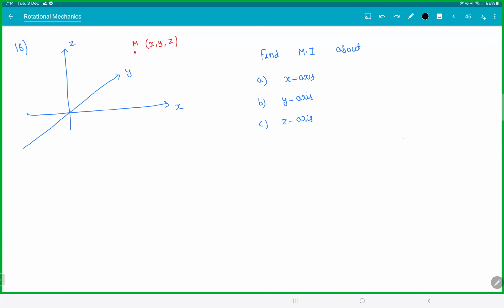So the question is easy, but the result which we get is important. We're going to use it again in electrostatics.